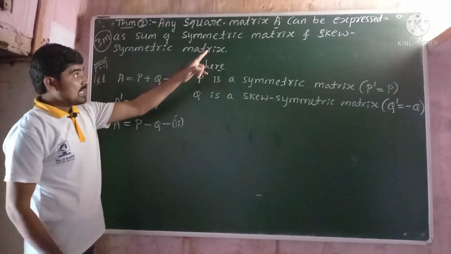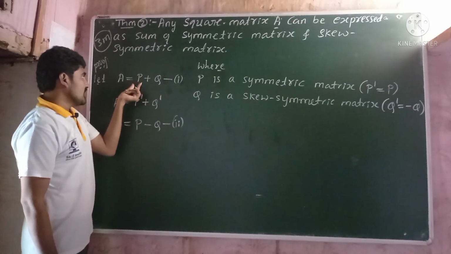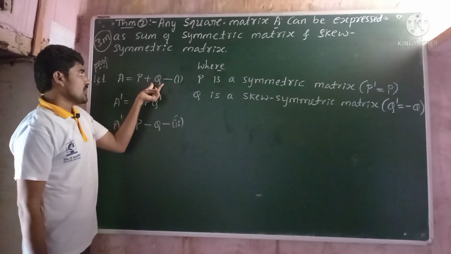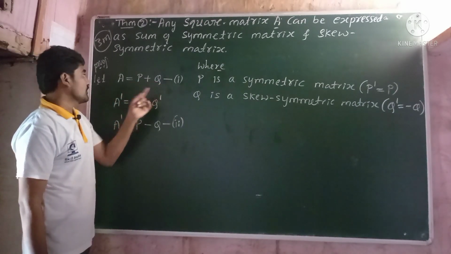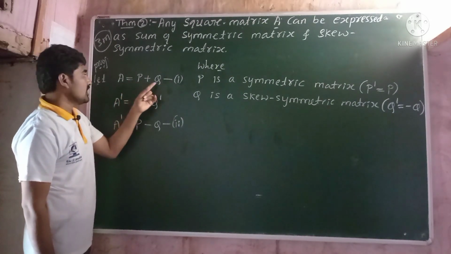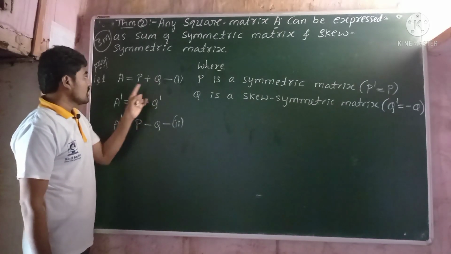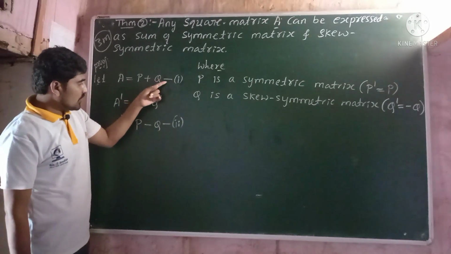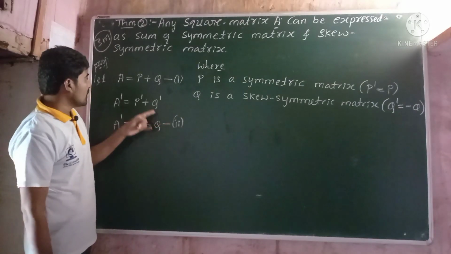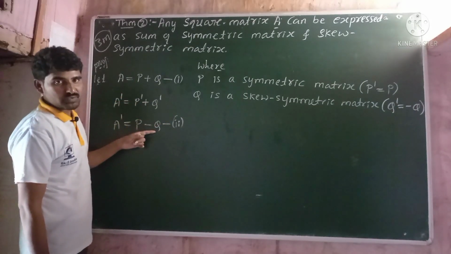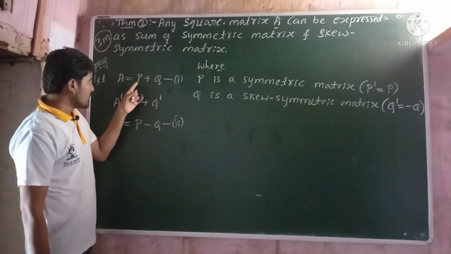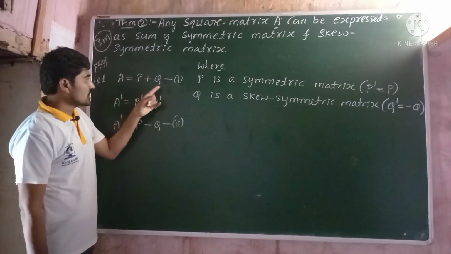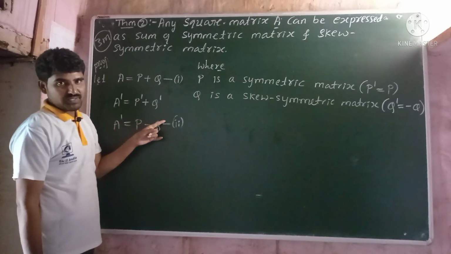So here A is expressed as sum of symmetric matrix P and skew symmetric matrix Q. Hence, we need to find the matrix P and matrix Q. So here equation 1 and equation 2 involve the matrices P and Q. So to find the matrix P and Q, we need to solve equation 1 and equation 2.